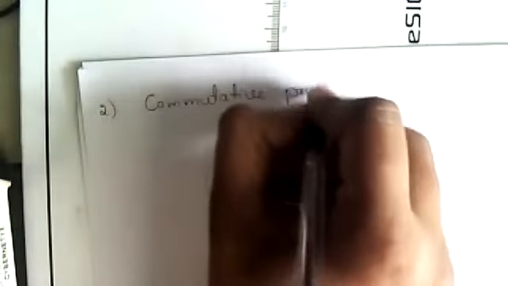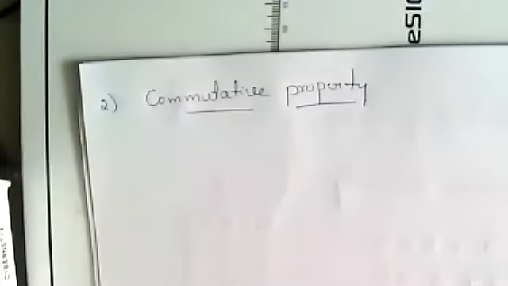So next, the second property is commutative property. This is the second property, commutative property. First, we have learned closure property, and now we are going to learn commutative property. Here also we have a general form.